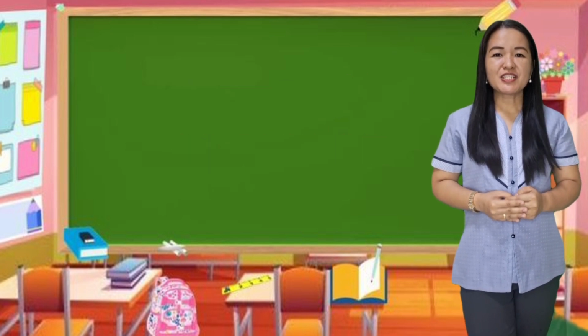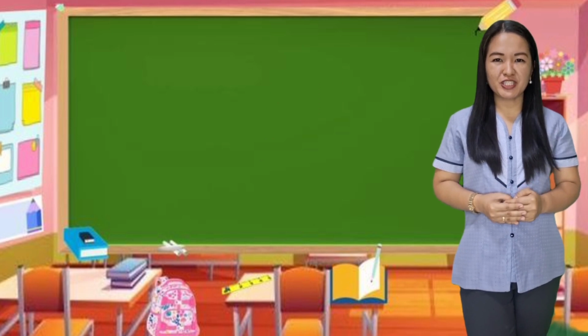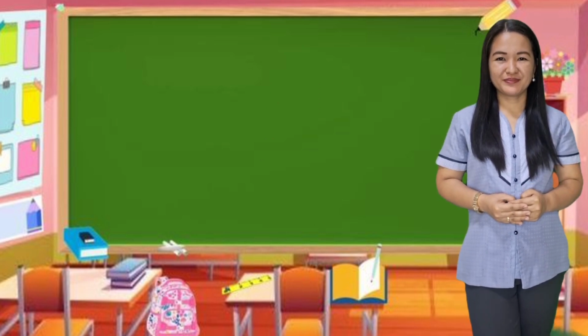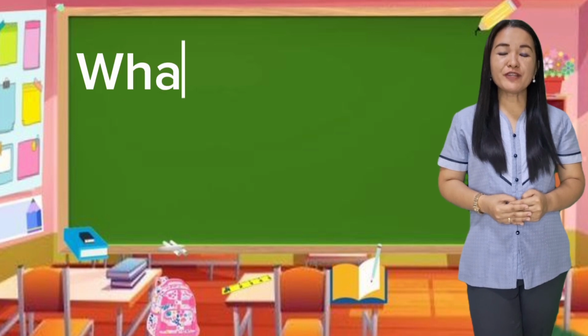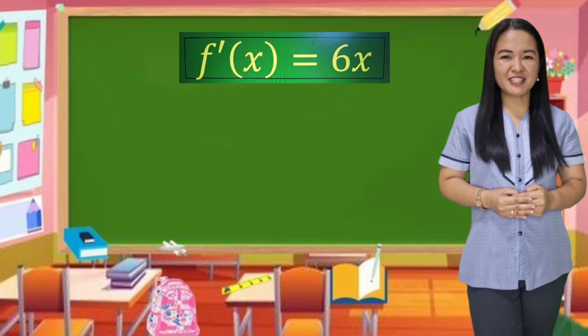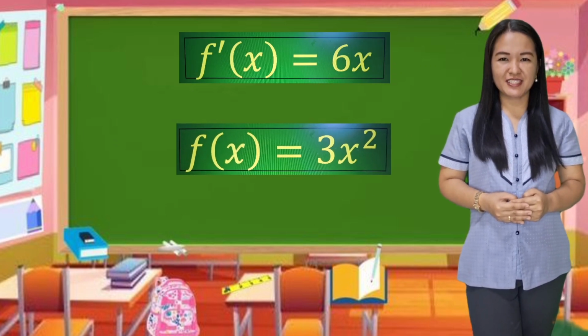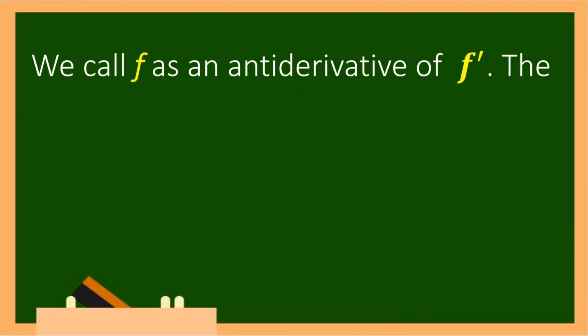That is, starting with the derivative, we find the function from which the derivative is obtained. We are asked, what function f has a derivative f prime of x equals 6x? From the given example, we would say f of x equals 3x squared. We call f an antiderivative of f prime.